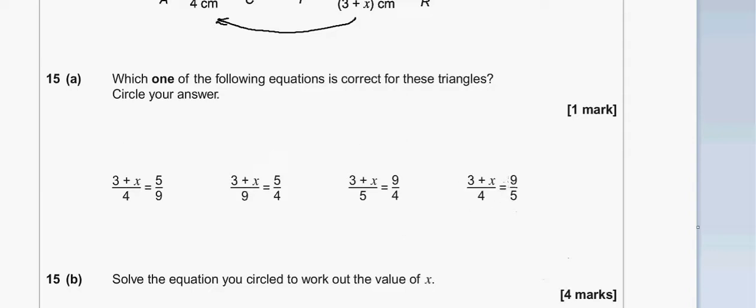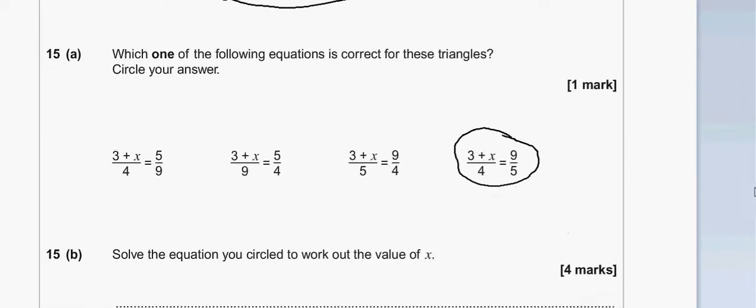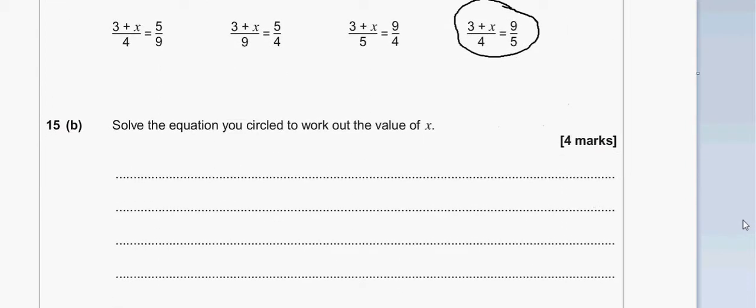So here we have it. 3 plus x over 4 is the same as 9 over 5. Okay? So the larger over the smaller is the same as the larger over the smaller. So we've circled the correct equation.